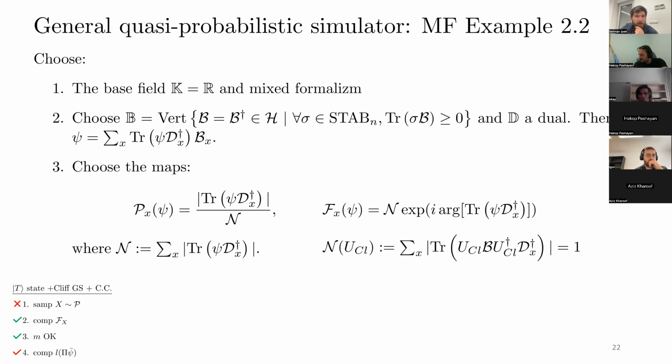The reason I asked is that when I was looking at this paper about frames by Ferrie and Emerson, don't they have some sort of result that both the frame and the dual frame can't be positive? Let me look up the exact statement.